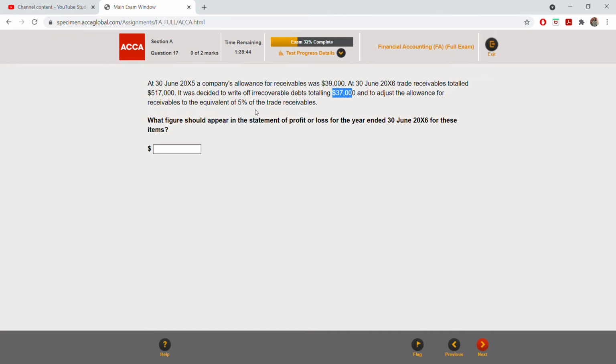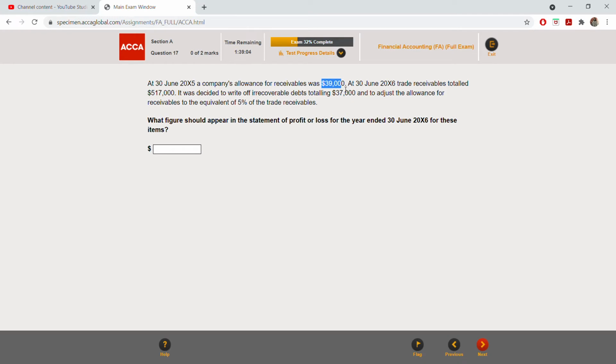So your trade receivable was this much. From there, deduct this debts of 37,000, which will be 480,000. Then on that 480,000, 5%, which is allowance, take, which is 24,000, and allowance for receivable on 30th June is how much? Which is 39,000, right? So you can see your allowance of 5% of 480,000 is 24,000 and this is 39,000.